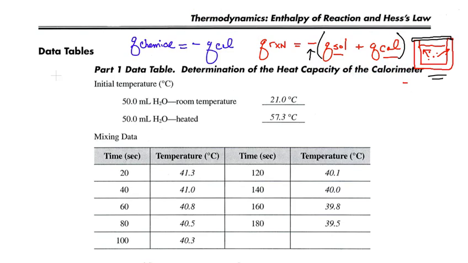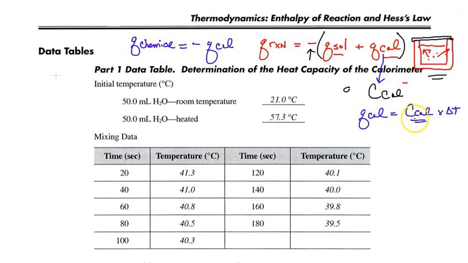The same thing that we've been doing, though, is somehow we need the C of cal, the molar heat capacity of the calorimeter. In order to find the Q of cal, we take the Q of cal equals the C of cal times the temperature change.